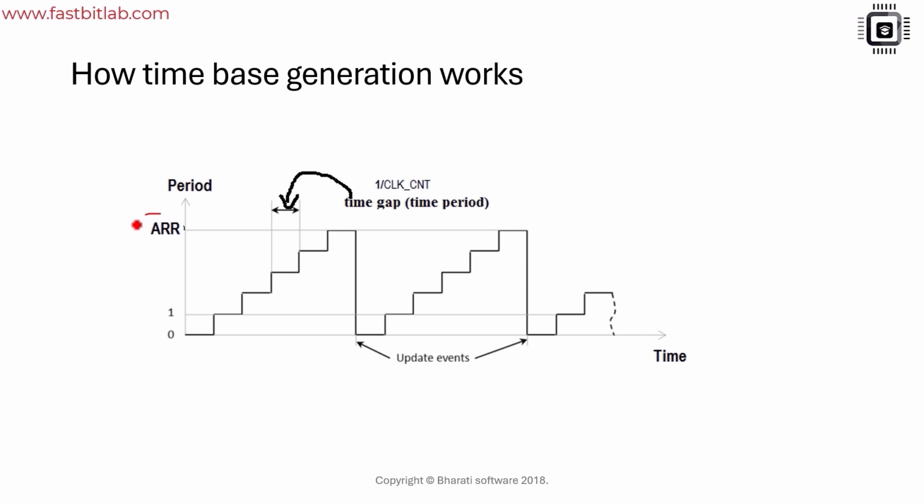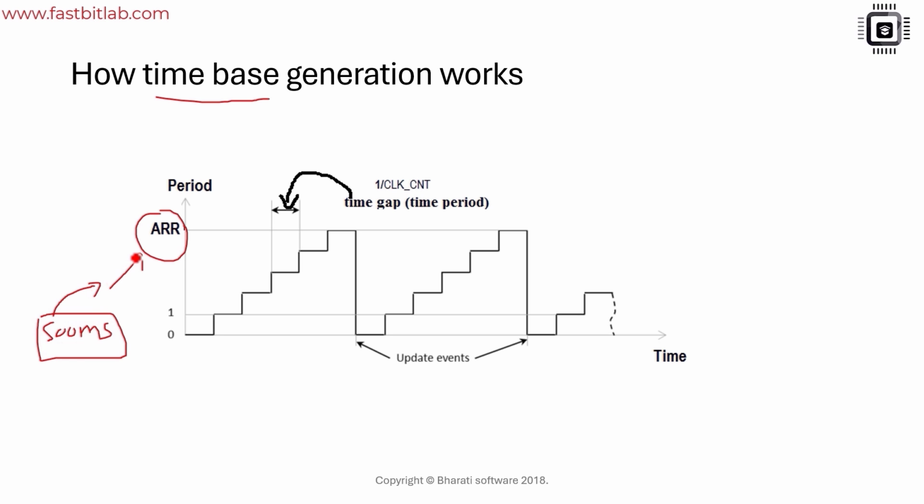Now the question is, how do we calculate this ARR value? That depends on how much time base you require for your application. For this application, we need a time base of 500 milliseconds. That 500 milliseconds time period must be converted into a suitable number.